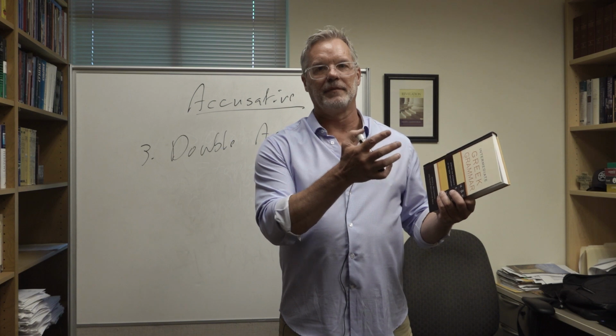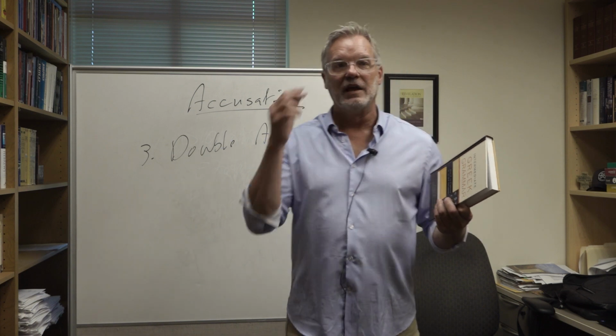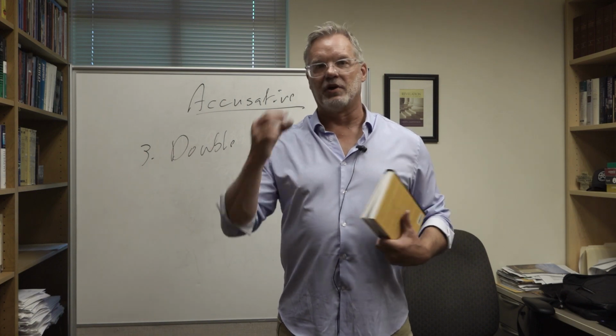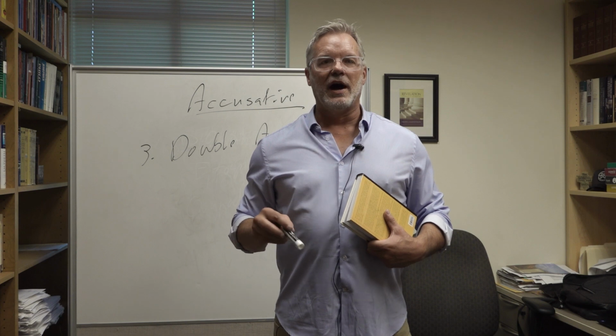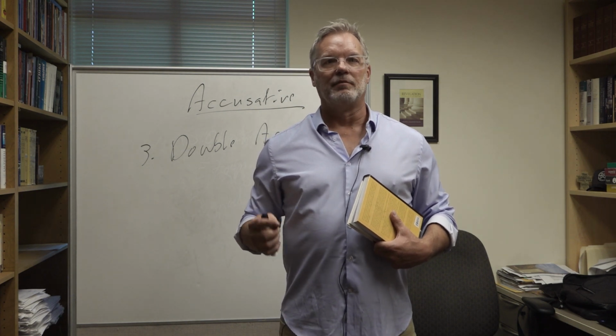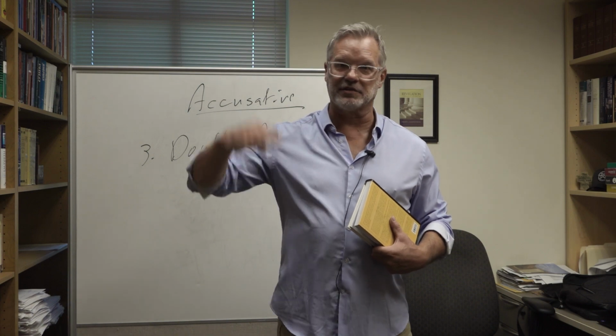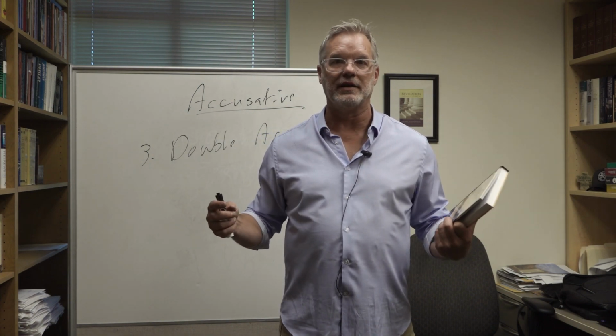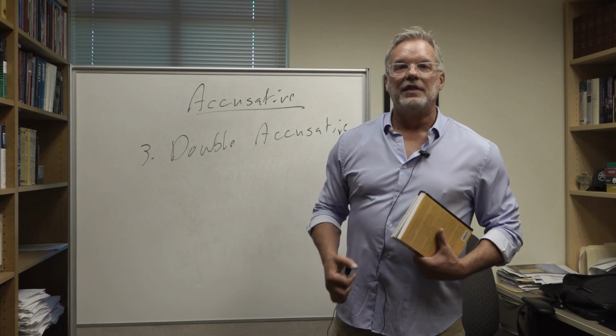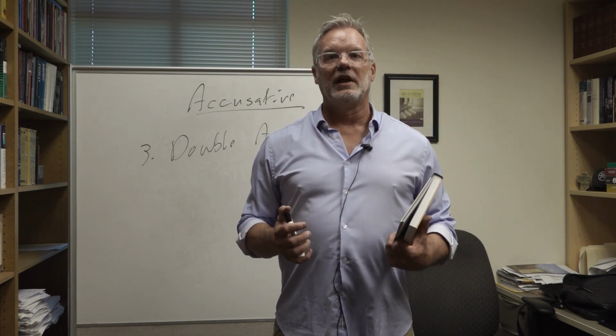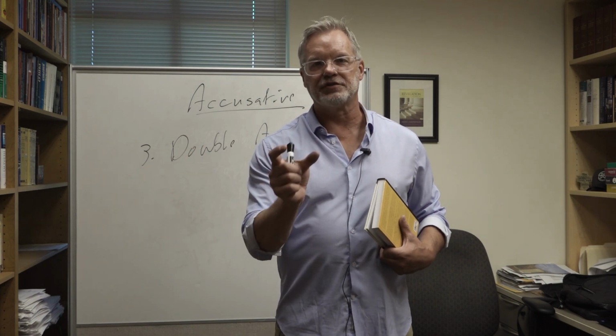Now that's different from saying that a verb has two direct objects. Any verb can have 2, 3, 4 direct objects. I could say in English, I went to the store and I bought bread and milk and juice and fruit, and I can have as many direct objects as I want. This is different. There are some verbs that they don't necessarily have to, but they tend to take two accusatives to complete them.